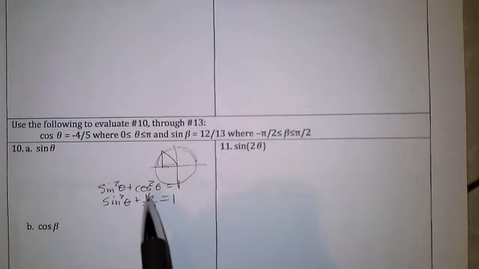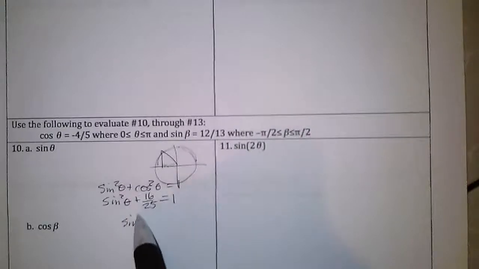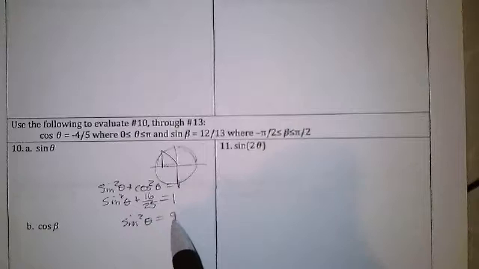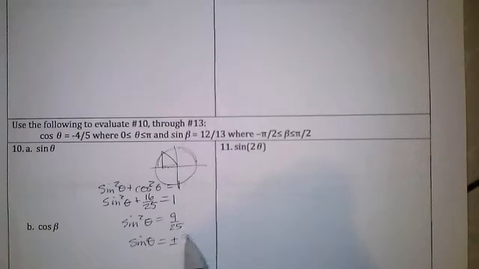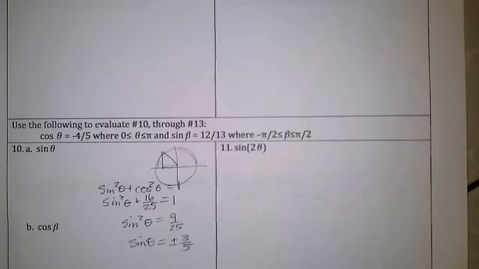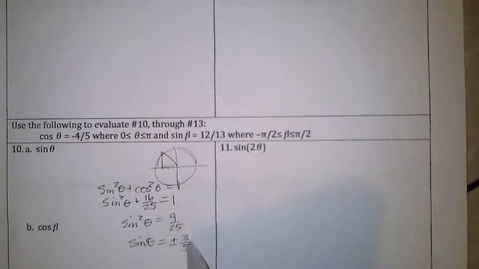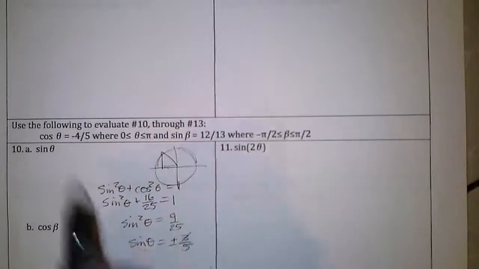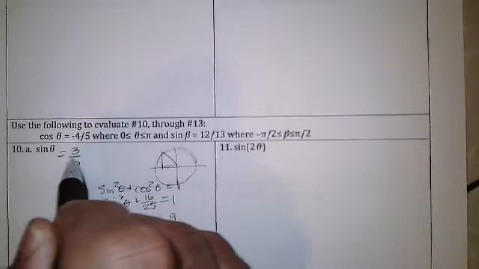If I subtract 16/25 from both sides, and 1 is 25/25, I'm going to get sine squared theta equals 9/25. So the sine of theta equals plus or minus 3/5. Square root of 9 is 3. Square root of 25 is 5. And if I have to be in this quadrant, the sine is positive. So I'm going to forget the negative one and say this is going to be positive 3/5.